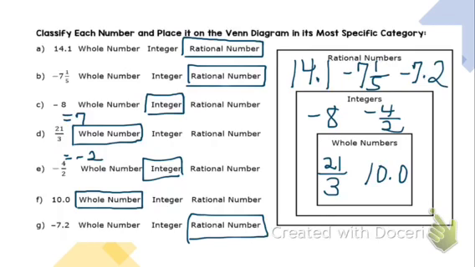E, negative 4/2 can be reduced to negative 2, so that's an integer. And F, that's 10.0, which basically is just 10, so it's a whole number. And G, negative 7.2, it's a terminating decimal, so it's a rational number. All right, let's move on to the next activity.